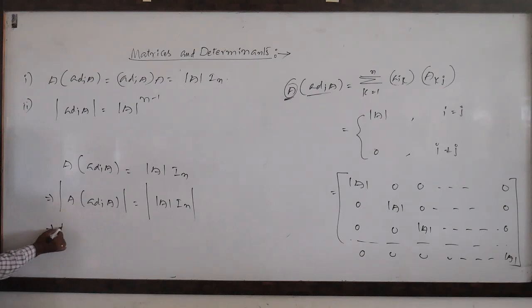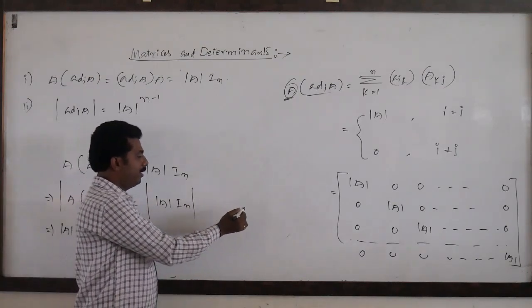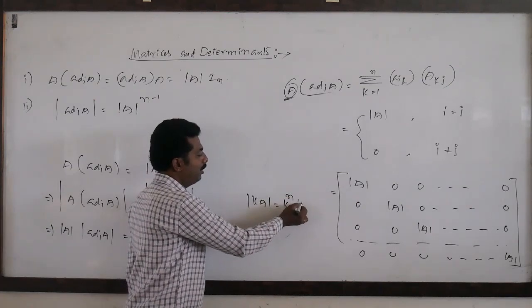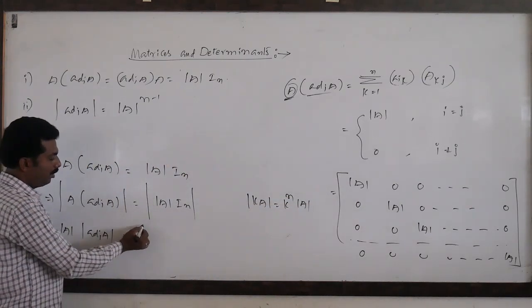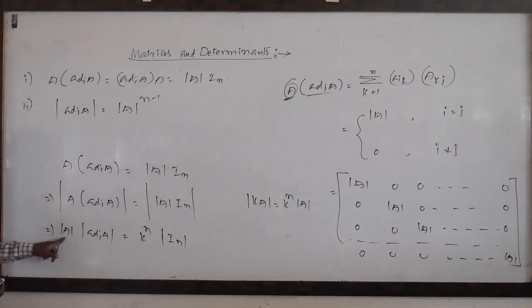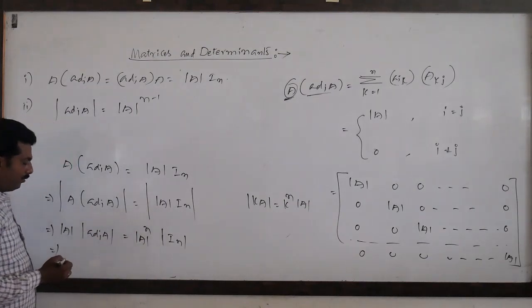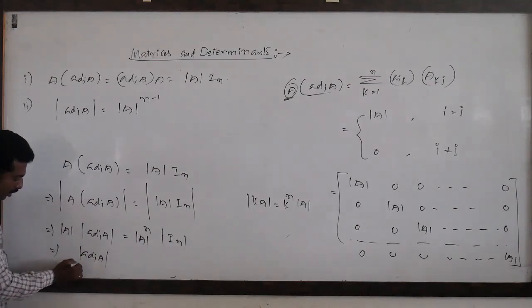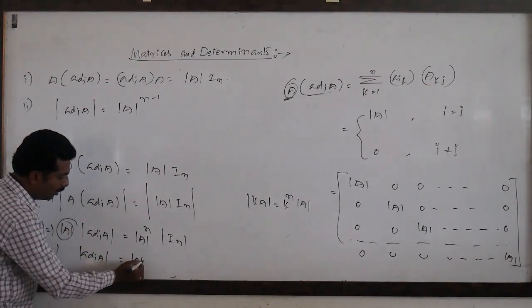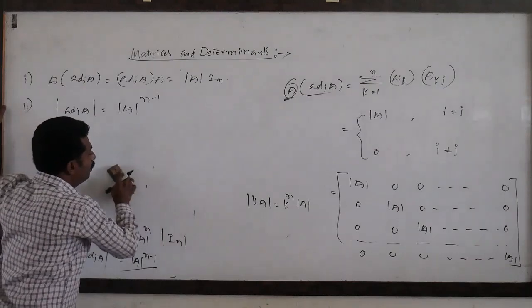Determinant of A into B is determinant of A into determinant of B, and determinant of kA is k to the power n into determinant of A. So the right side is det A to the power n into determinant of the identity matrix, which is 1. Sending det A to the other side, determinant of adjoint of A equals det A whole power n minus 1.